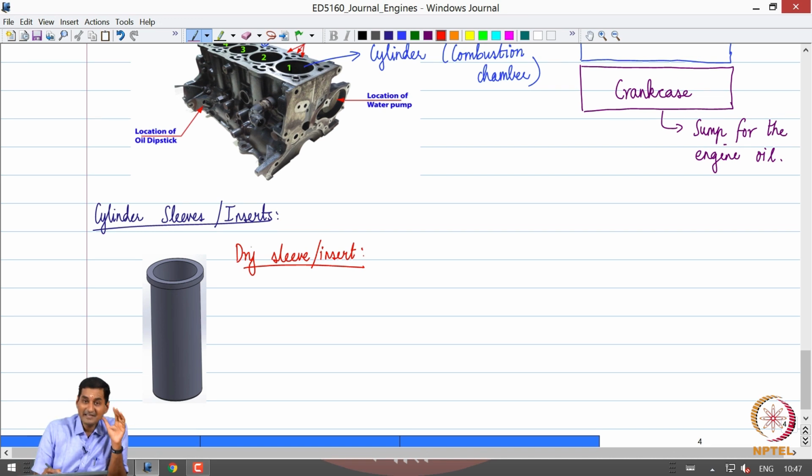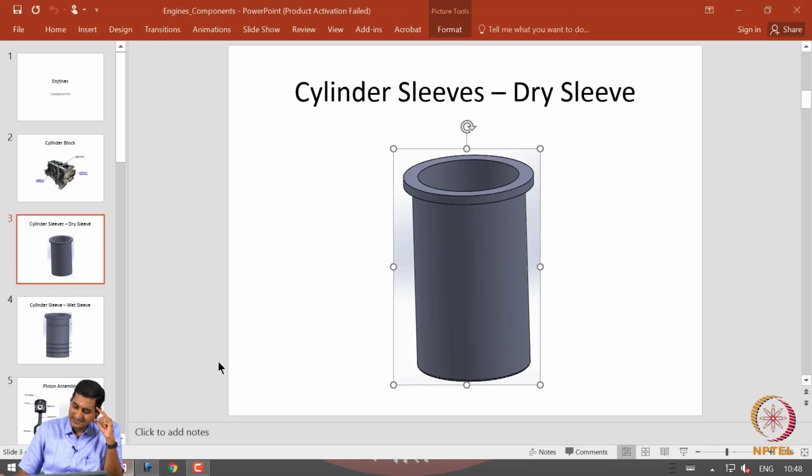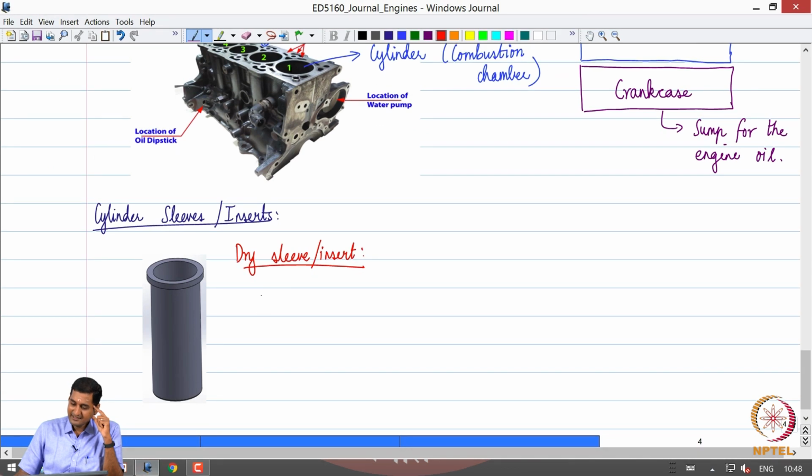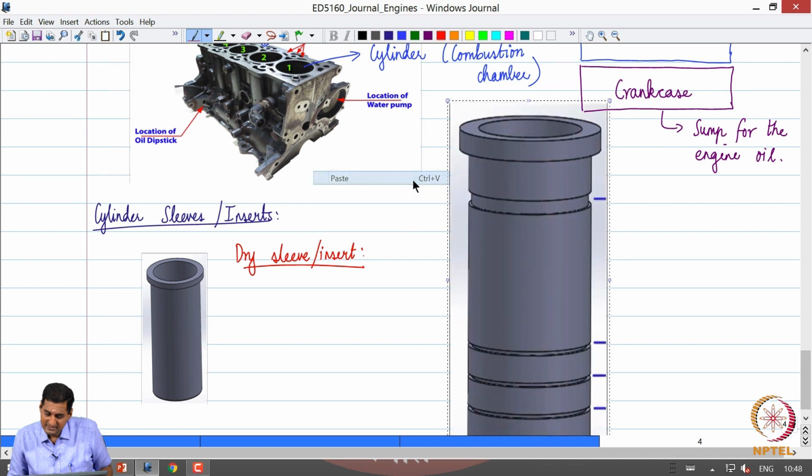Why is it called a dry sleeve? We will shortly understand what its counterpart is, and why there are two variants. There is also something called a wet sleeve, which is slightly thicker than a dry sleeve. So, what is a wet sleeve?